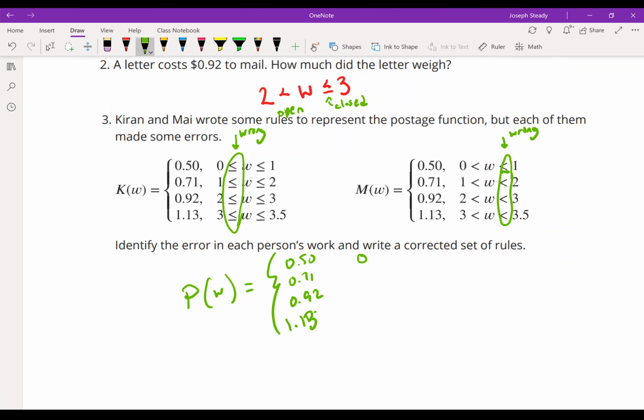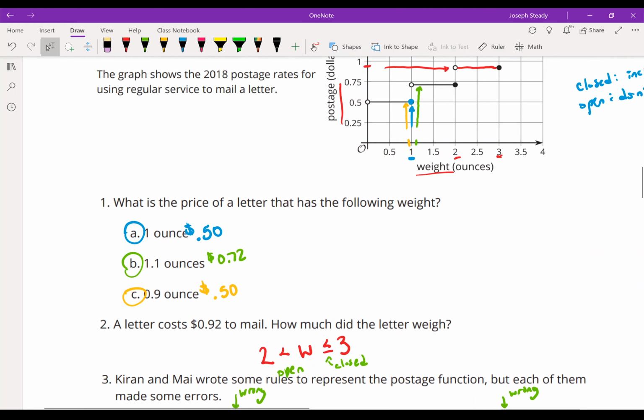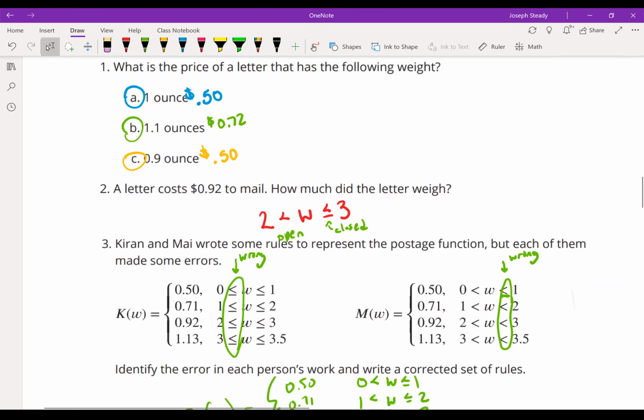But this should go 0 is less than W is less than or equal to 1. 1 is less than W is less than or equal to 2, and so on. Because of the way that the graph was set up, where only one end of the line had those points included.